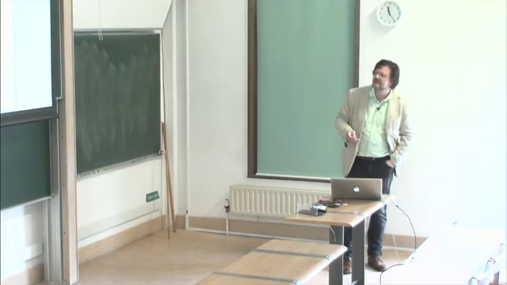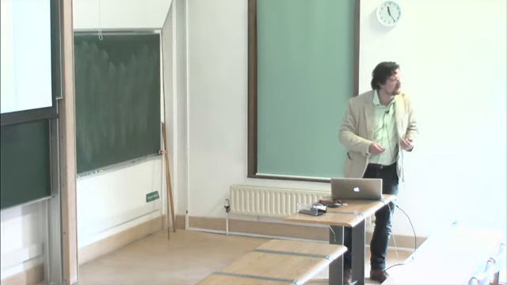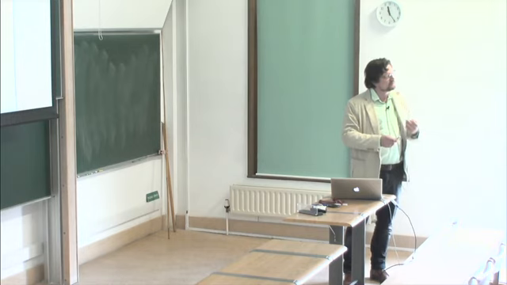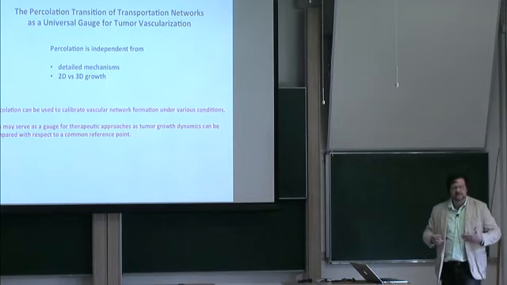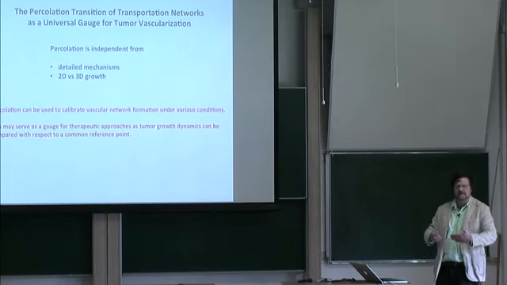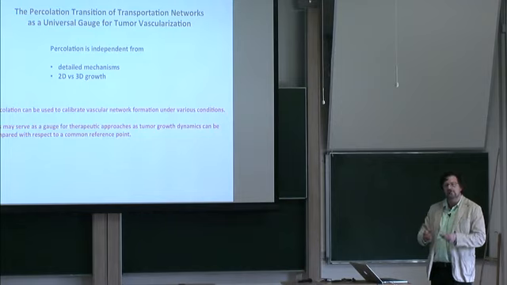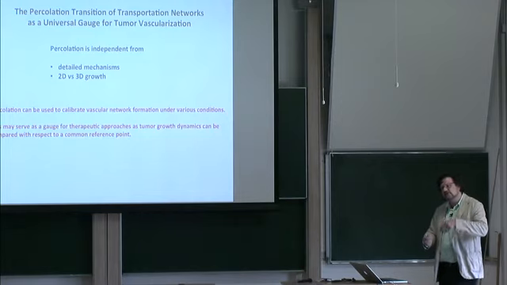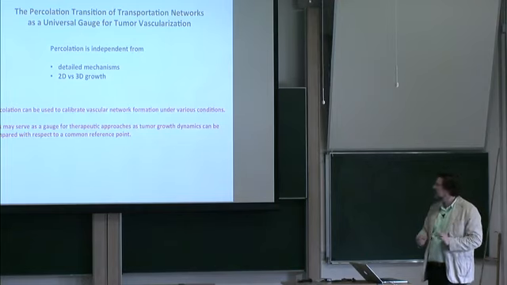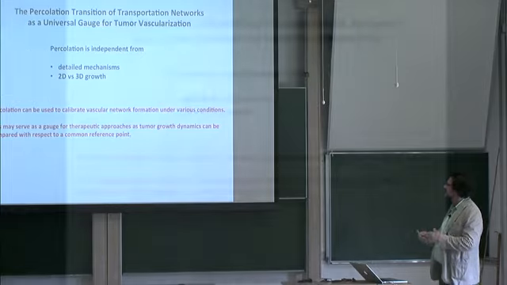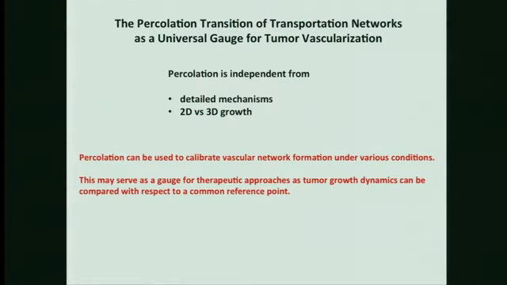So our proposal is, if you compare different therapeutic approaches which hinder the development of these blood vessels, you can gauge them with respect to this topological point, which is independent of the detailed mechanism. So you can compare the effectiveness of your therapy quantitatively with that.